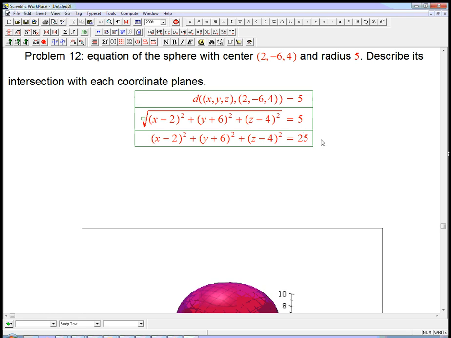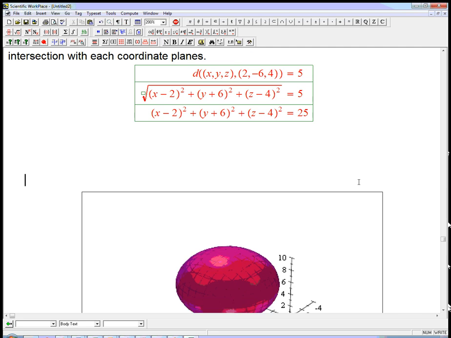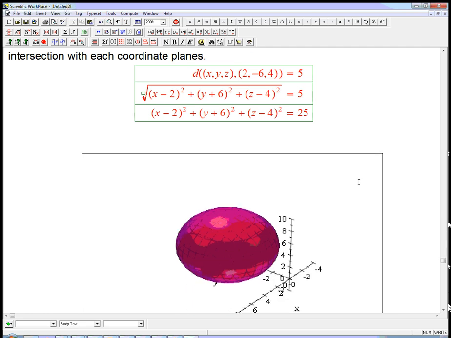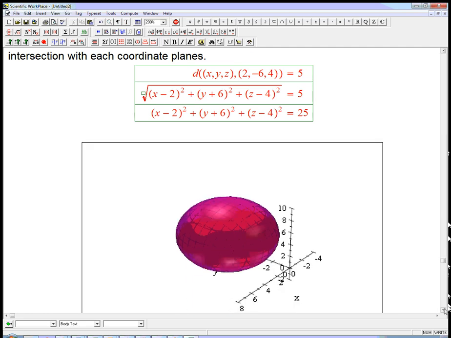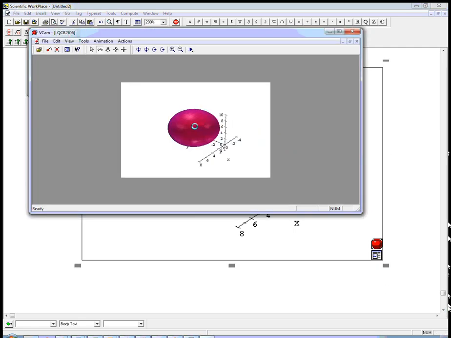What about the intersection with each coordinate plane? Well, I happen to have already plotted this sphere, and let's look at it dynamically. If we rotate it around, then it looks like it has an intersection with the plane. Let's see.